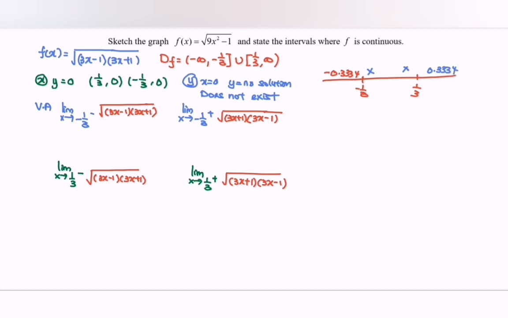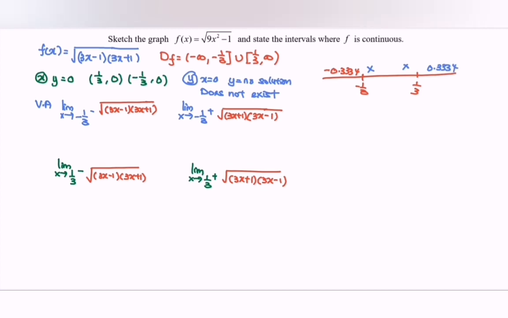So kindly substitute the situation. If we substitute the value negative 0.3334 into this part, then we will have the value approaching 0. So same goes to this part, so we will have 0. So as x approaches negative 1 over 3 from the left for the function f(x), the value of y will be approaching 0. As for the right hand side, we have does not exist.